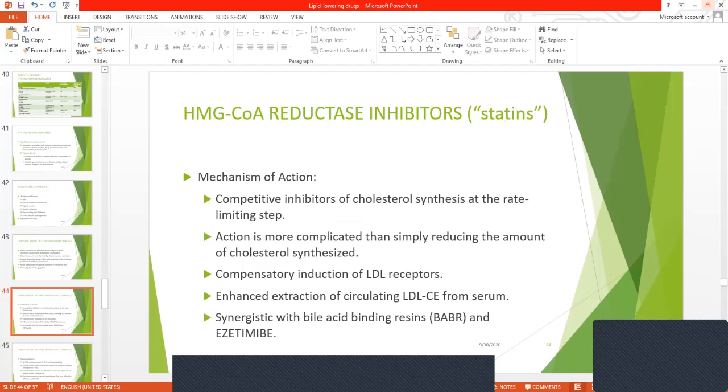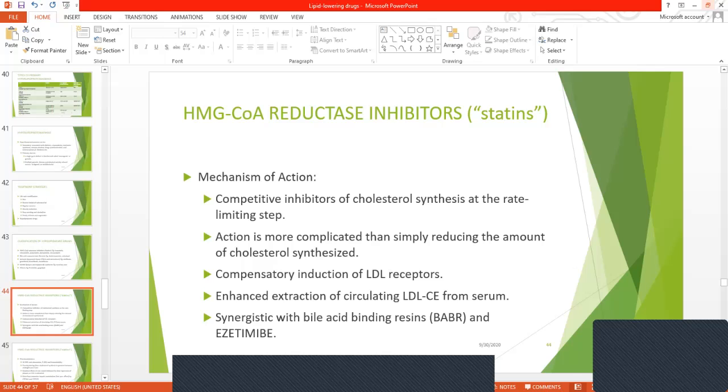So HMG-CoA reductase inhibitors, that is the statins. These compounds are structural analogs of HMG-CoA. They are most effective in reducing LDL. So if LDL is increased, these medicines are given. Other effects include decreased oxidative stress and vascular inflammation with increased stability of atherosclerotic lesions.